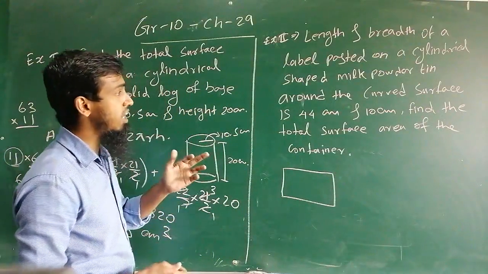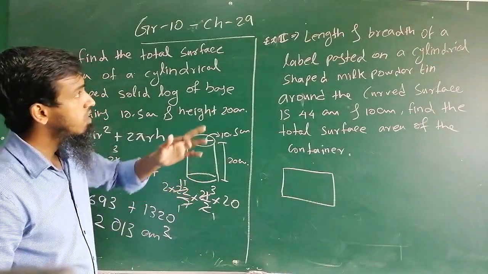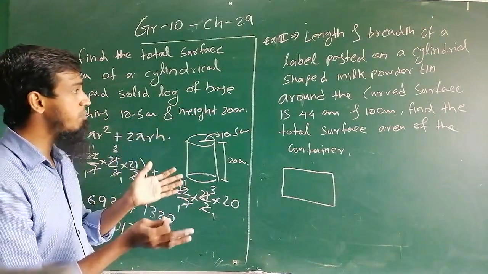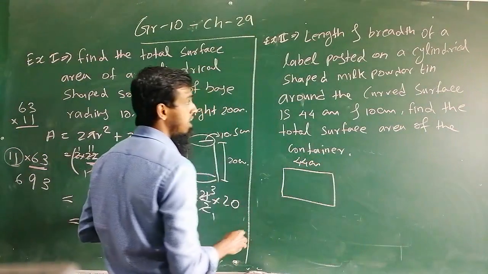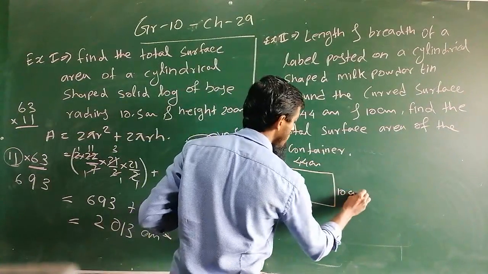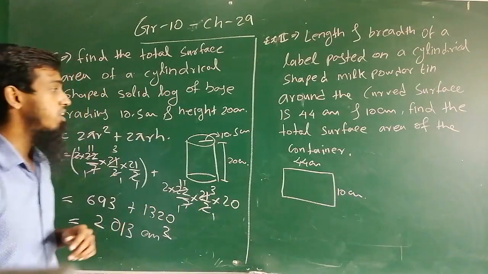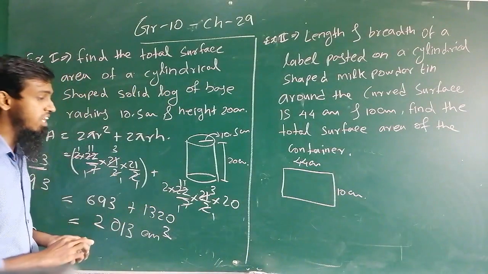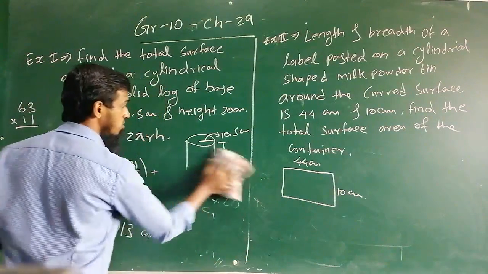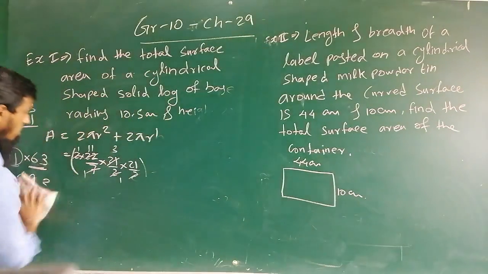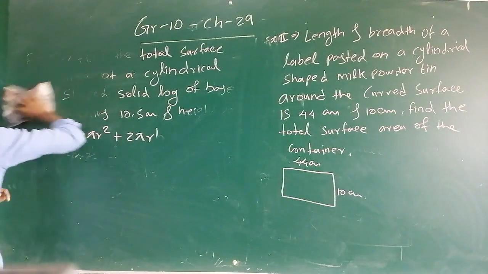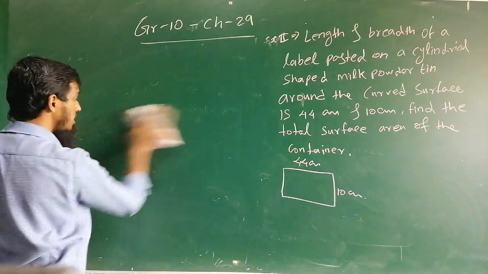The length and breadth of the label are given: 44 centimeter is the length, 10 centimeter is the breadth. Find the total surface area of the container. Only the measurements of the label are given.